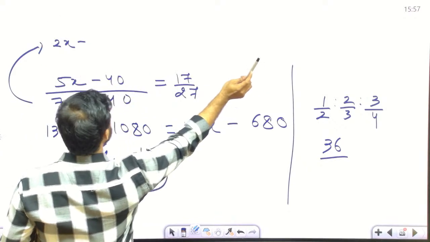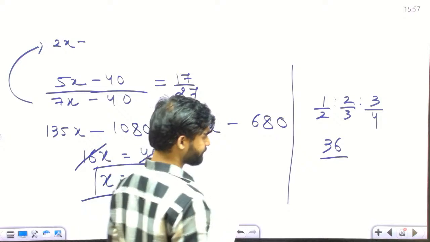Find the numbers respectively. Hurry up. So you have to find all three numbers. What is the answer?